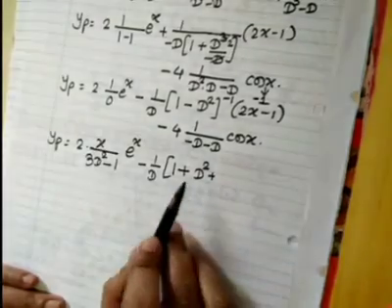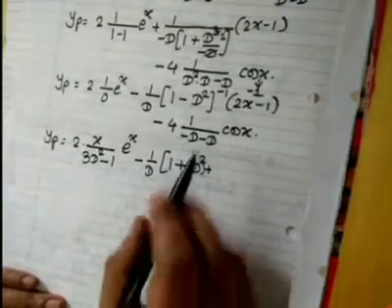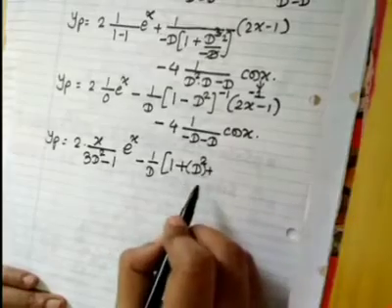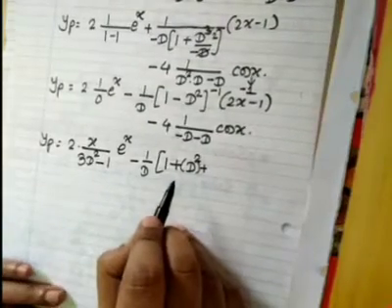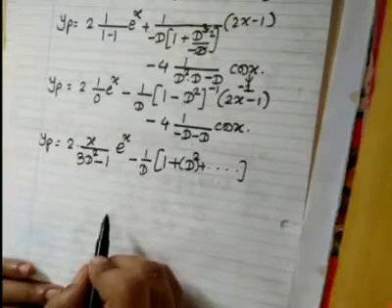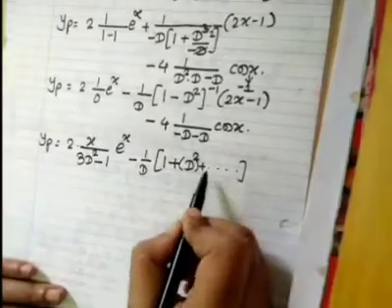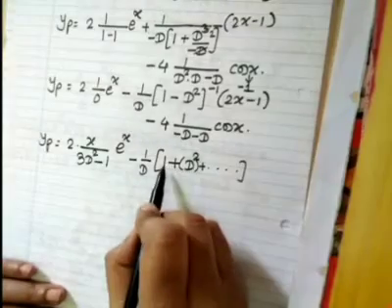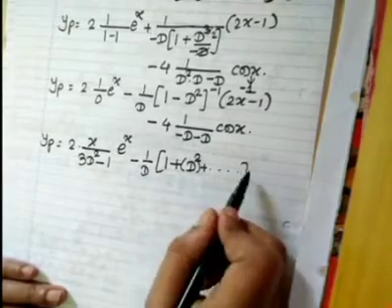But my question is, is it possible that I will not write that term? If I write plus so on here, is it okay? Why am I not writing the plus x square term? I have just written 1 plus x, and plus x square I have written as so on.